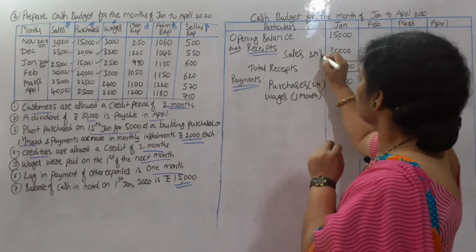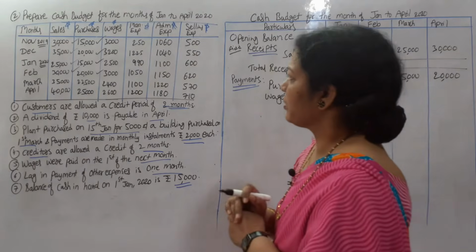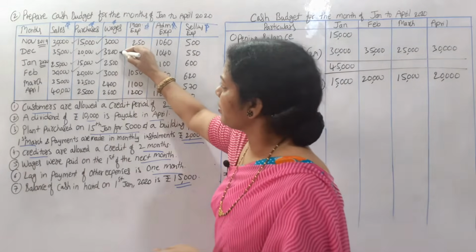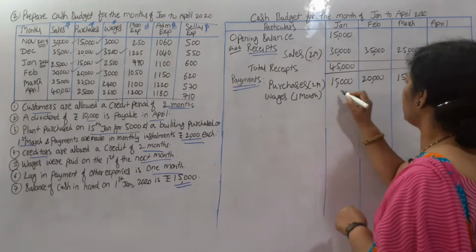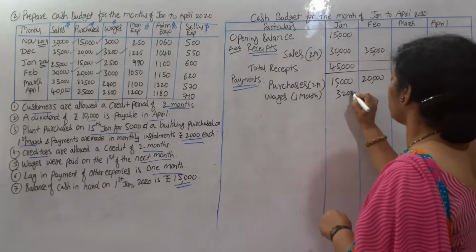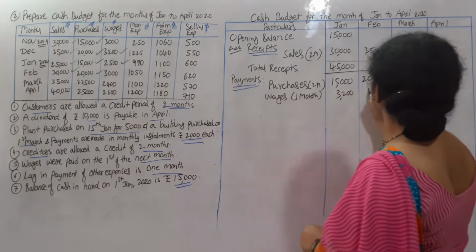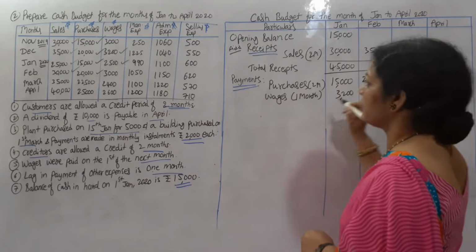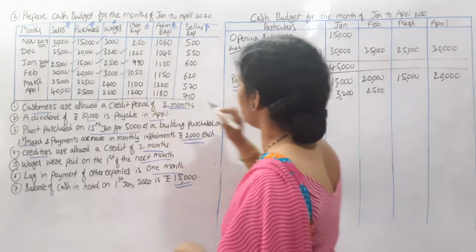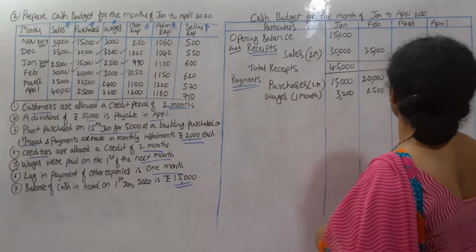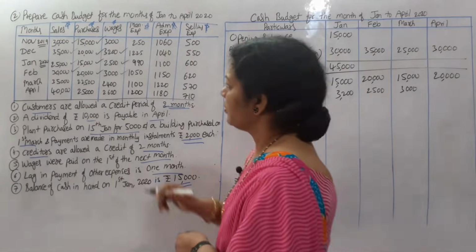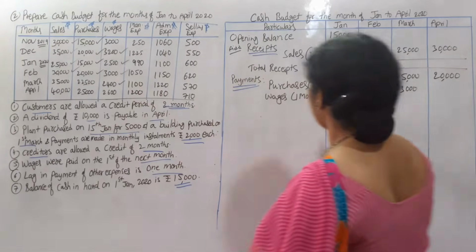Wages 1 month. Means January will take December month 3,200. For February 2,500, for March 3,000, for April 2,400.